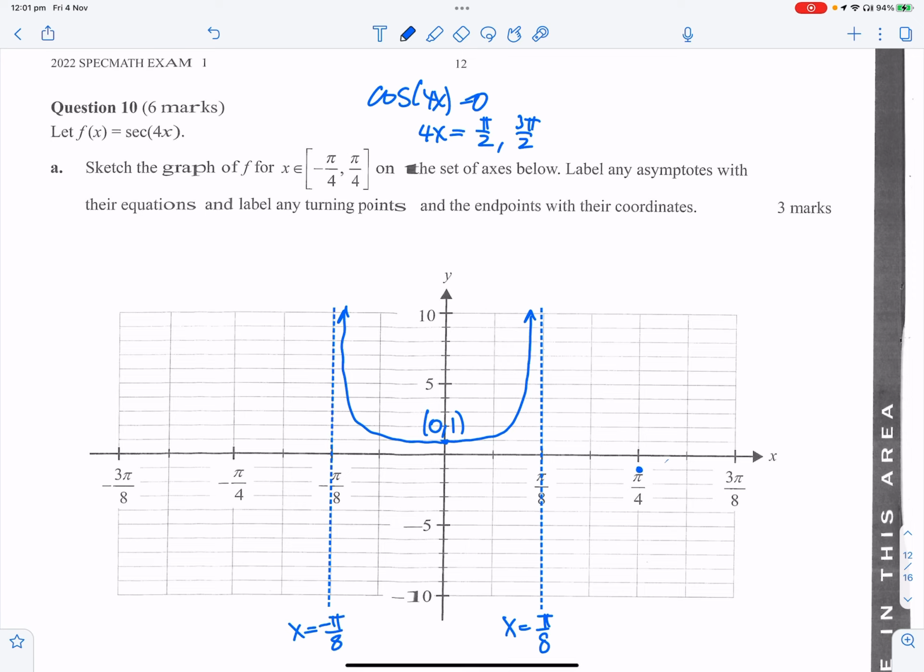That's going to be an endpoint, so it's going to look something like that. Pi on 4, negative 1, that's going to be the same, inclusive, negative pi on 4, negative 1. Okay, there's no horizontal. Label any asymptotes, their equations, label any turning points and endpoints. Okay, so that's everything.